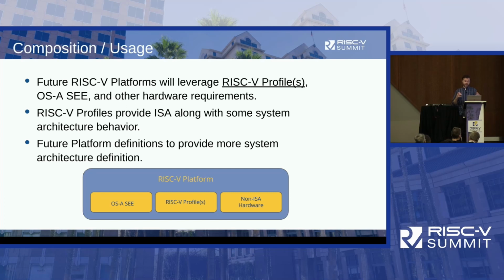The OSA SE is providing a way that you can have more off-the-shelf standard binary distributions running on these systems, but there is still, we'll say, chatter, for lack of a better term, of people wanting more definition around system architecture. And that will most likely be coming in 2023 in that pursuit.